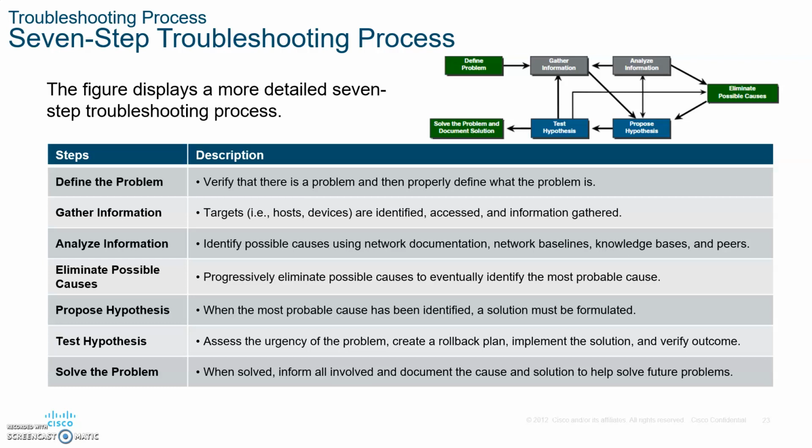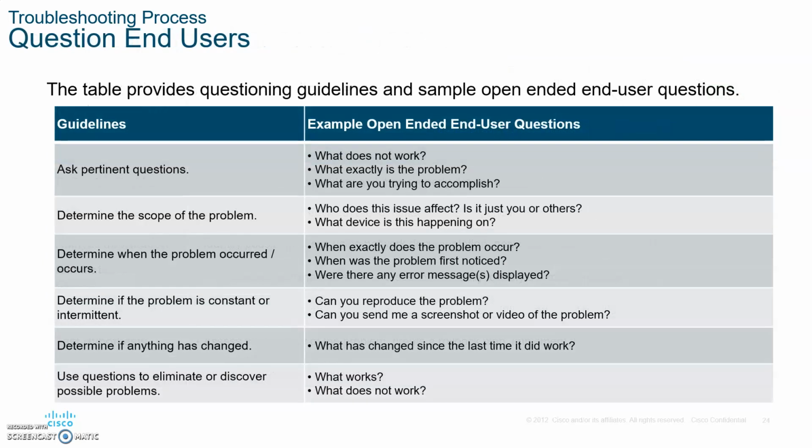What's the device? Is it the router? Is it the switch? Is it a link? Whatever. Then you analyze the problem, eliminate the possible causes, propose a hypothesis, test your hypothesis to see if it works, and then of course you solve the problem. So it's easy to say, but in each one of those, you could take the following step. And this is probably the most important step.